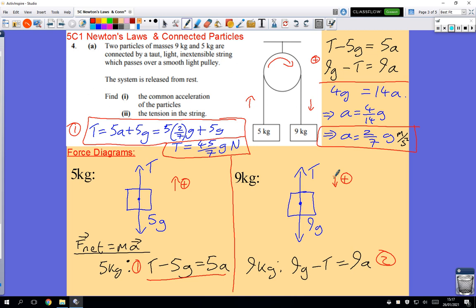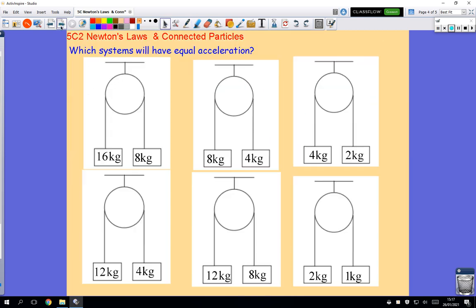Okay, I'm going to leave you with a question then. I'm going to flip over the page and I've got 6 separate systems here, and the question says which systems will have equal acceleration. So give those a go. See if you can find the acceleration of each of these systems, and we'll go through this the next day.